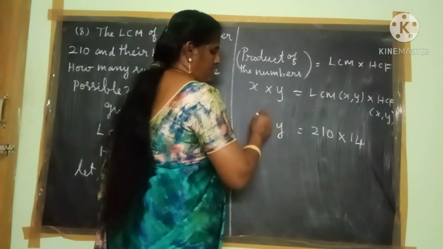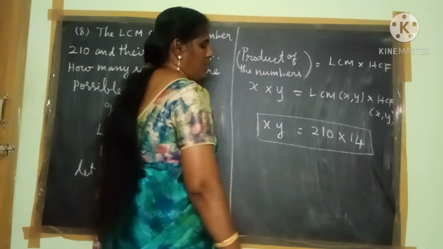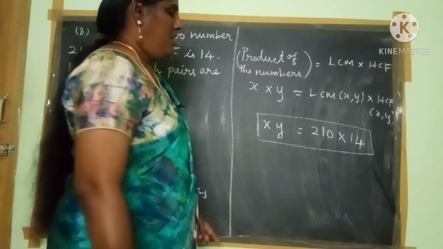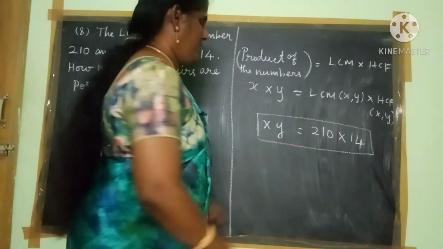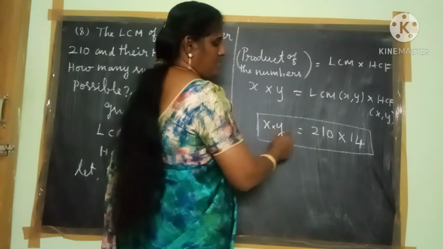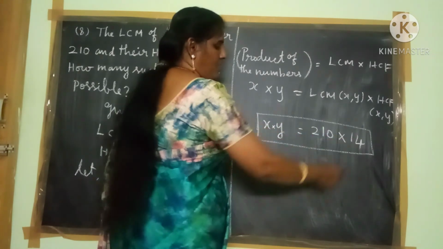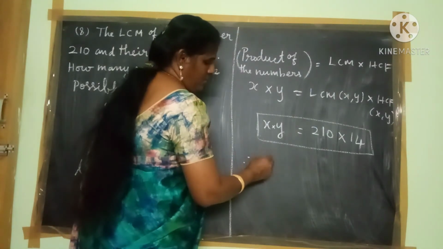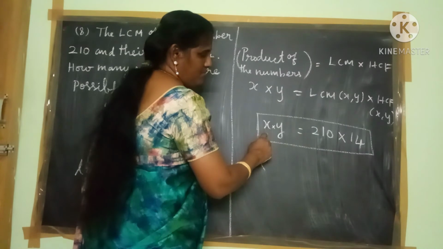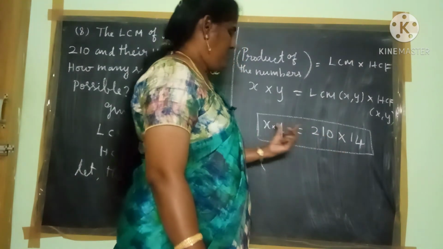So these two numbers are equal to each other. If one number is 14, then the other number is 210. Yes or no? X into Y means X is 210 and Y is 14. There are two pairs. Already told, this answer will be equal to this answer.